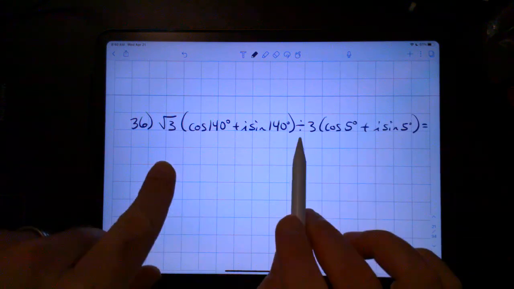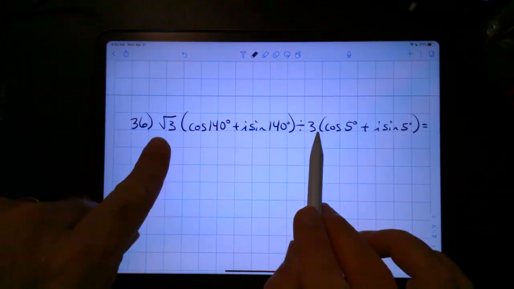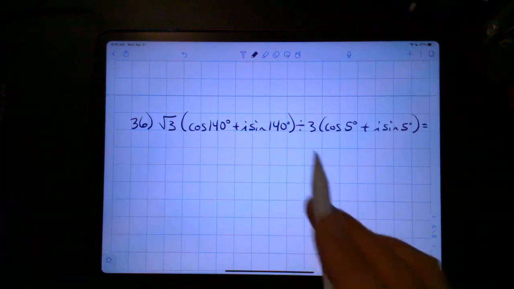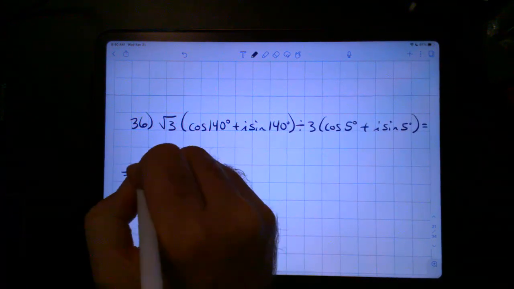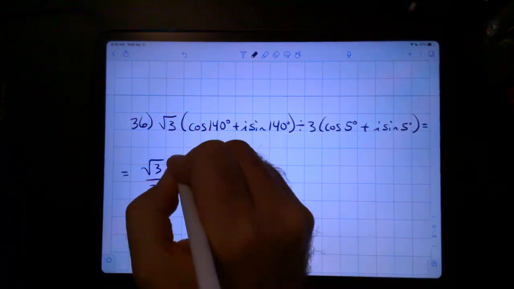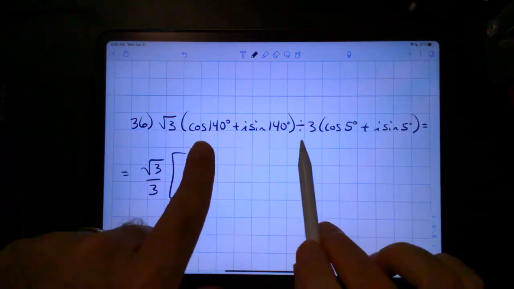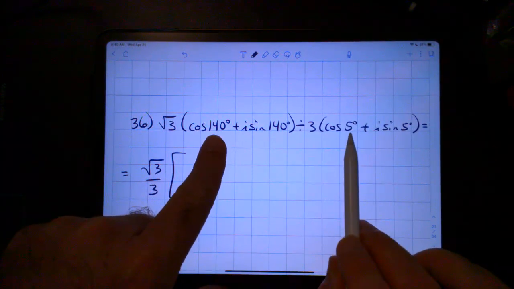So here, when you're dividing, you'll divide the r values. And since we're dividing, we will subtract the arguments.